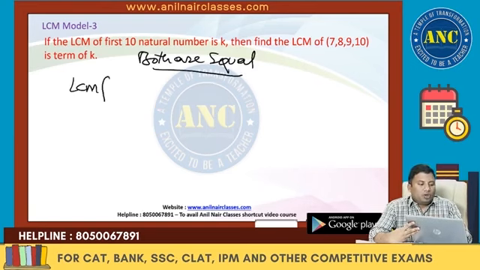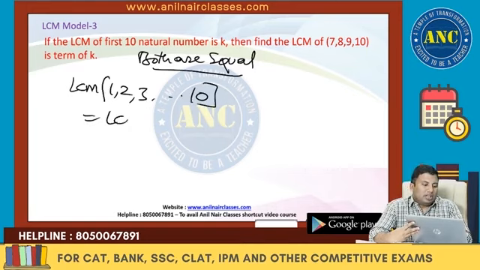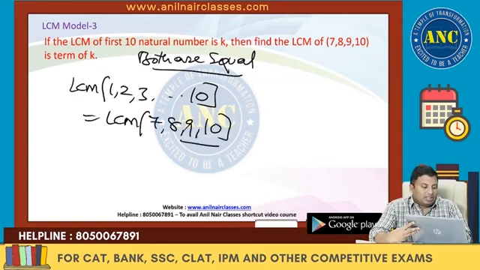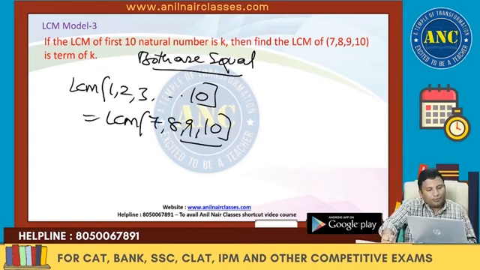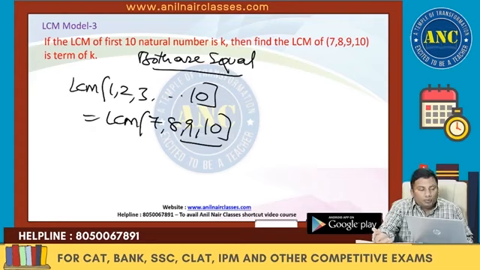LCM of 1, 2, 3 till 10 is equivalent to LCM of 7, 8, 9, 10. Both are equal. We have discussed why also. In case you missed the previous session, you may find this session a little difficult.